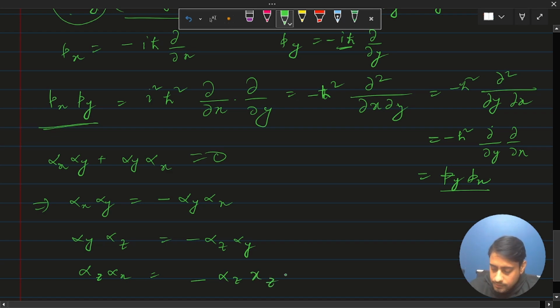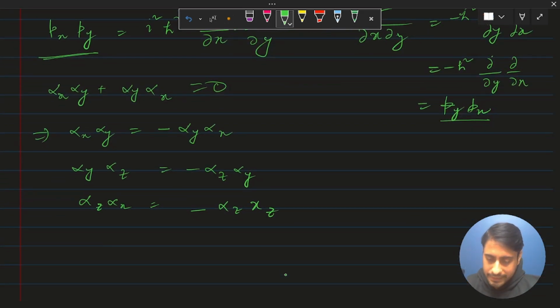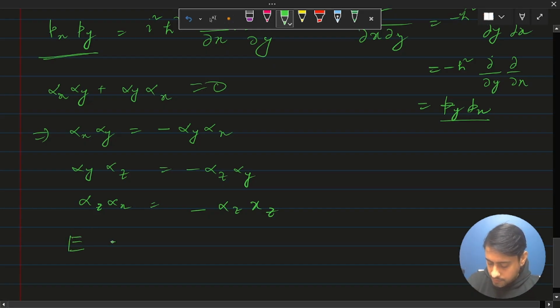Okay, so now we have the recipe to write something further. We have the energy expression written like c alpha dot p plus beta m c square.